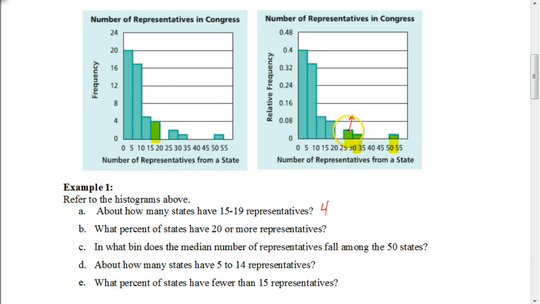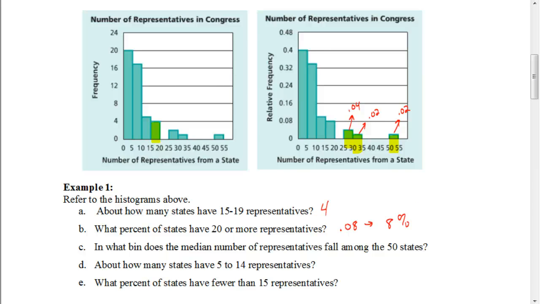That's about halfway between 0 and 8, so I'm going to estimate that to be 0.04. This one here looks to be half of that amount, so I'm going to use 0.02. And I'm going to assume this is about the same, 0.02. If I add those together, I would get 0.08. And we're looking for the percent, though. 0.08 is the same as 8%. So we would say 8% of states have 20 or more representatives.